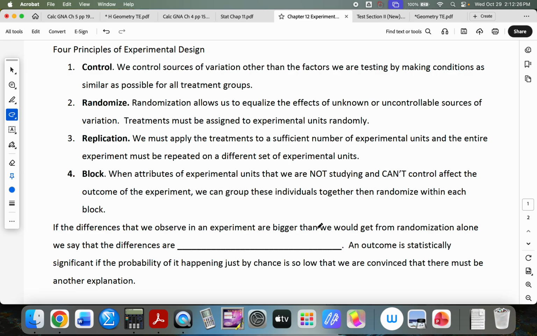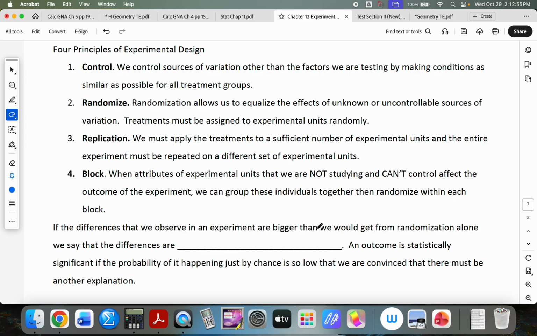So they could have various attributes that affect the experiment, and then we put them all in one group together. And I'm confused, like, why do we group them together and randomize within each of the blocks? So in the blood pressure one, let's say that I'm concerned that this medication affects people who have extremely high blood pressure differently than people who have more moderate blood pressure.